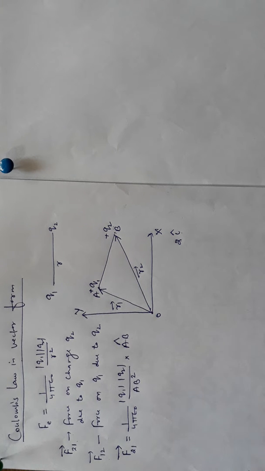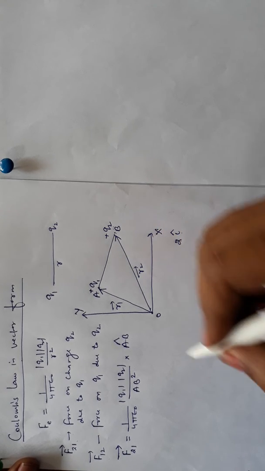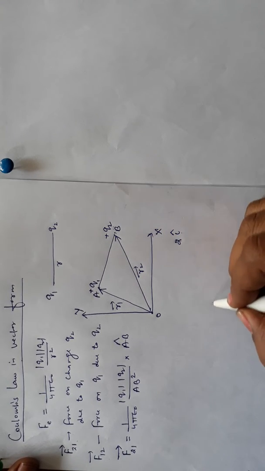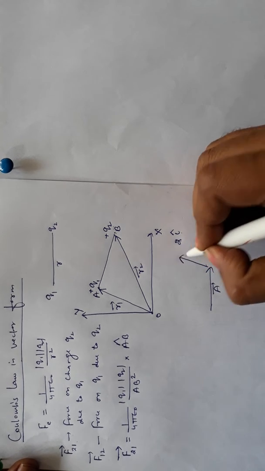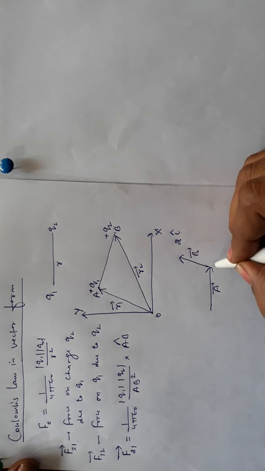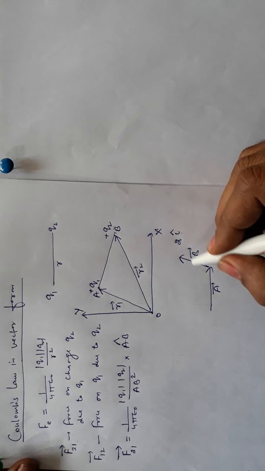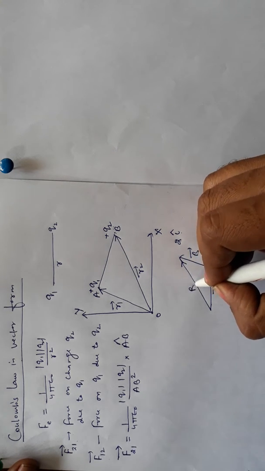You have studied in your 11th class the triangle law of vector addition, which states that if any two vectors A and B are represented in magnitude and direction by two sides of a triangle in the same order, then the resultant will be represented by the third side of that triangle in opposite order.